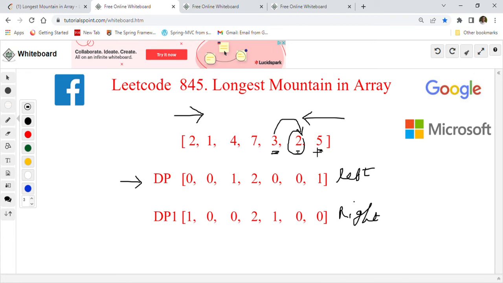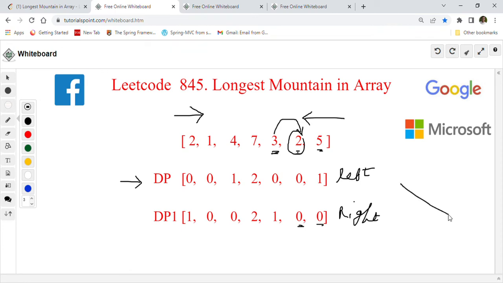Now 5 is not smaller than 2, right? So we'll just put 0 here, right? By default for the last element we will put 0. Why? Because for the last element there is no right side element, so we'll put 0. Now 5 is bigger than 2, so we will put 0 for that, right? Because it cannot contribute to the mountain, right? For contributing to the mountain on the right side, they should be in decreasing order, right?